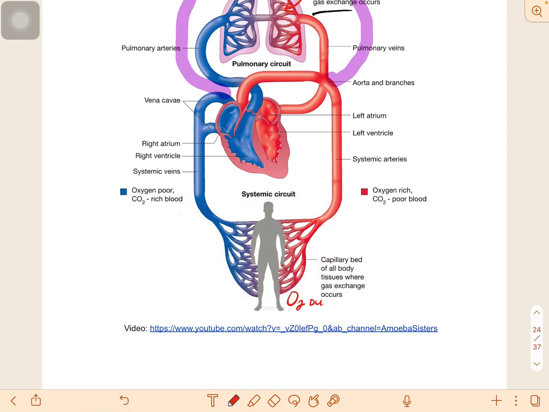Oxygen is going to come out of the capillaries, and those cellular processes are going to happen, and carbon dioxide now goes into those capillaries. So all we're sending back to the heart is deoxygenated blood to get back into the pulmonary system once it leaves this right ventricle. And so on and so forth, over again with every single heartbeat.